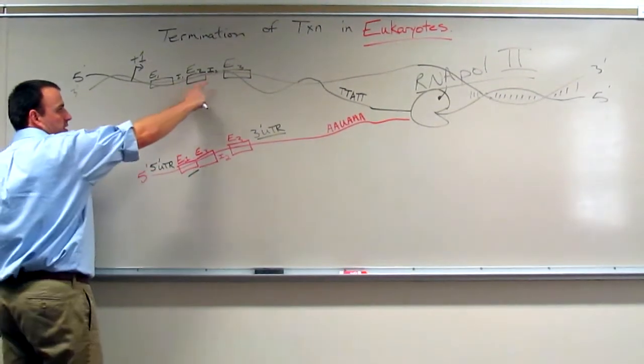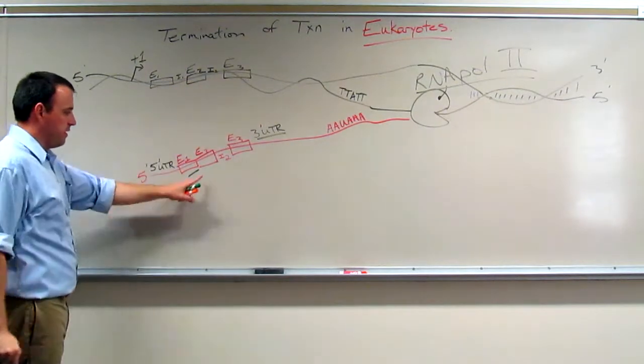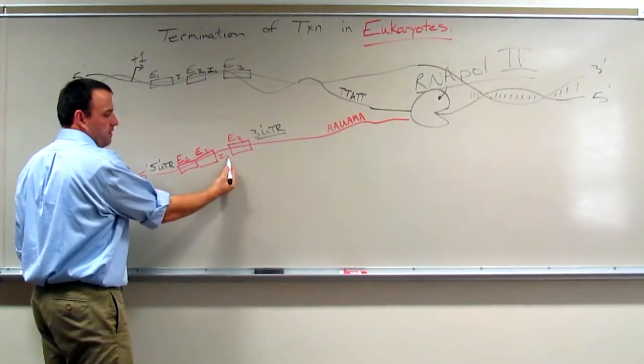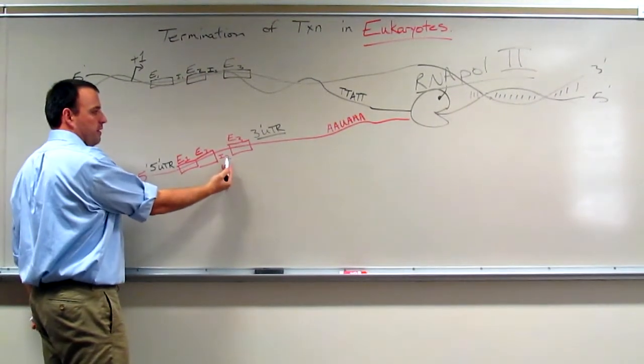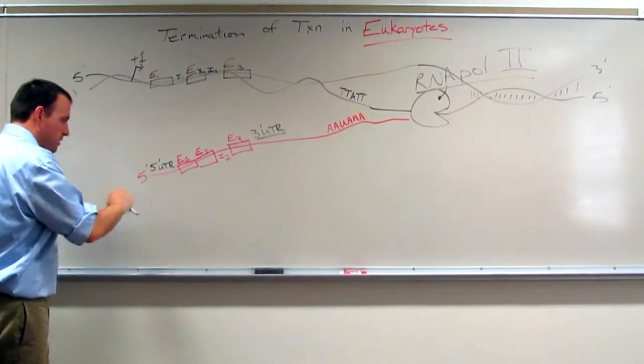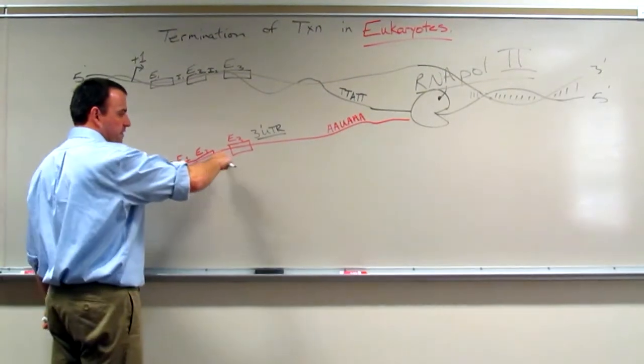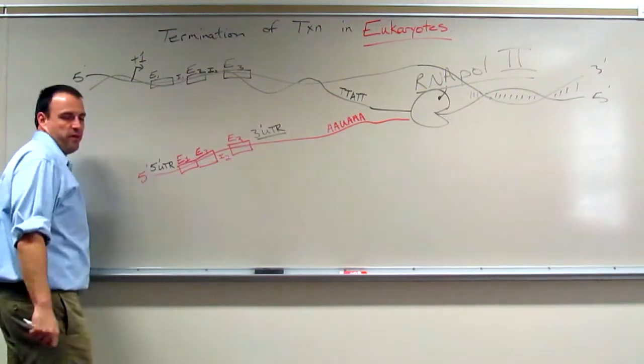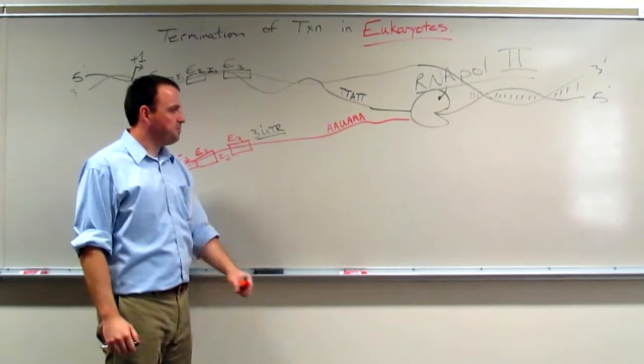We have intron 1 and intron 2. Intron 1 down here has been spliced out. There's no more intron 1. Intron 2 has yet to be spliced out, and that will occur in the future. So we have the 5' UTR, exons, that intron needs to be spliced out, exon 3, and our 3' untranslated region.